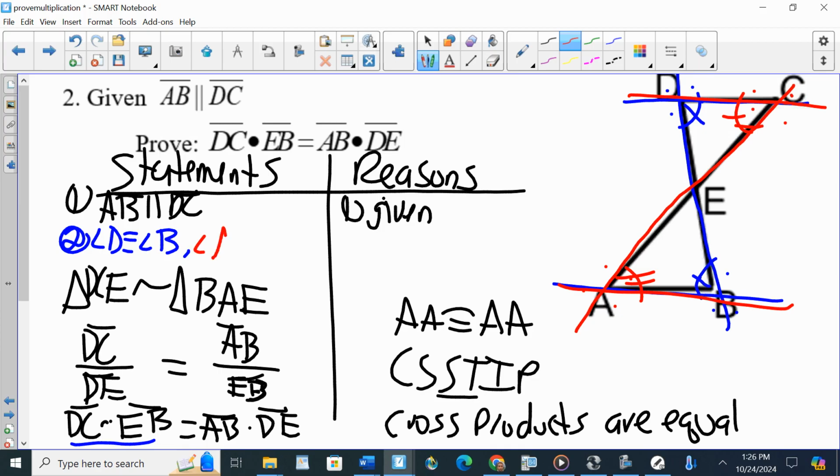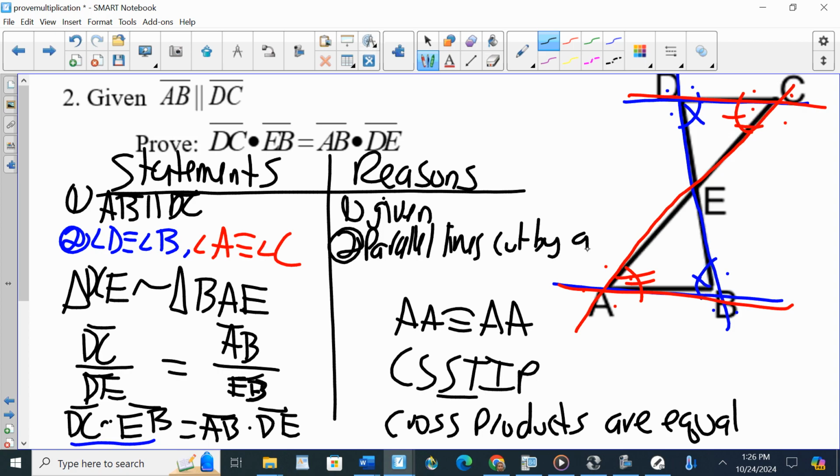That's angle A is congruent to angle C. Reason, it's a long one. For parallel lines cut by a transversal, create congruent angles. They're both inside the parallel lines. That's alternate interior angles.